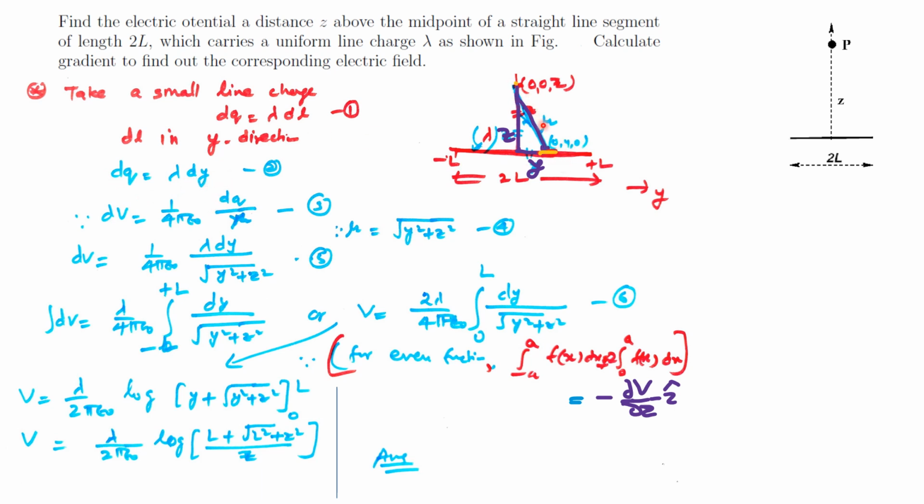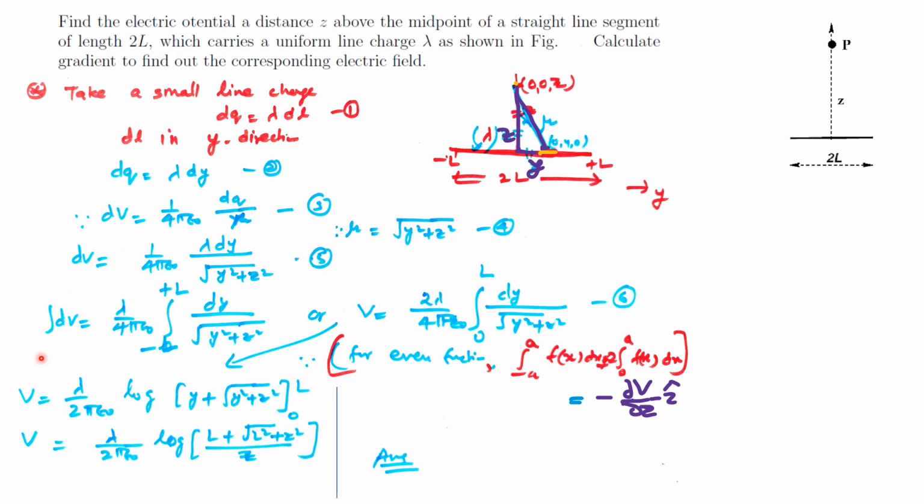The dV will be 1 upon 4 pi epsilon naught dq by r, and r is this distance, in the right angle triangle r equals the square root of y square plus z square. So dV equals 1 upon 4 pi epsilon naught lambda dy divided by the square root of y square plus z square. This is equation number 5.